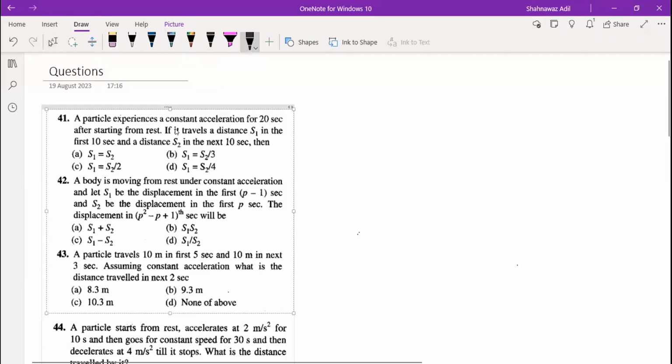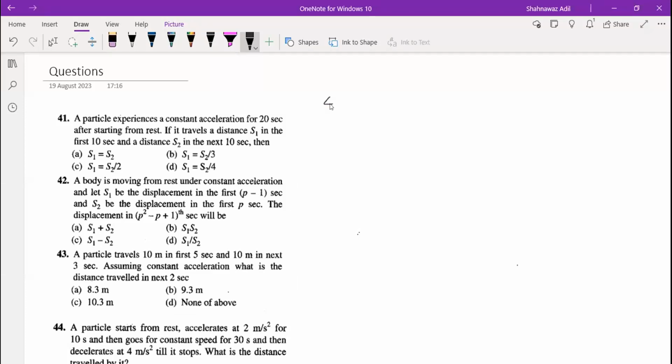Okay, so in this one, a particle experiences a constant acceleration for 20 seconds after starting from rest. If it travels a distance s1 in the first 10 seconds and a distance s2 in the next 10 seconds, then we have to show what is the correct relation between s1 and s2. So I have to make two blocks.